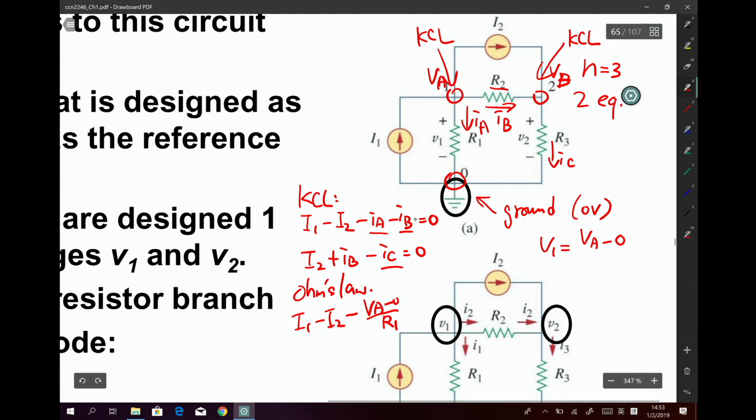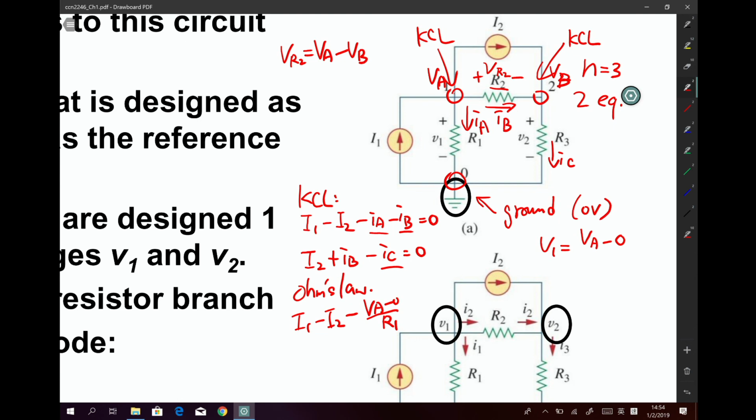And similarly for IB, you have VA, VB. Your voltage, if this is VR2, your VR2 should become VA minus VB. Okay, this is the KVL. You are using the higher potential voltage minus the lower potential voltage.